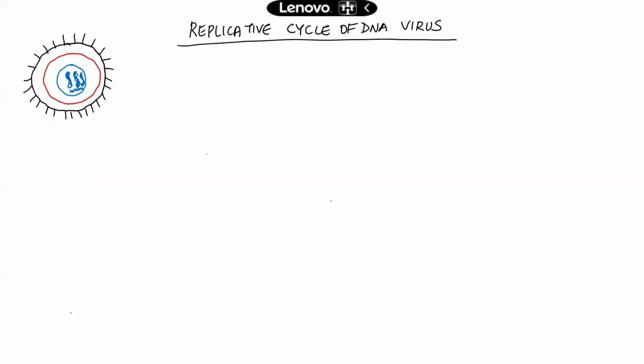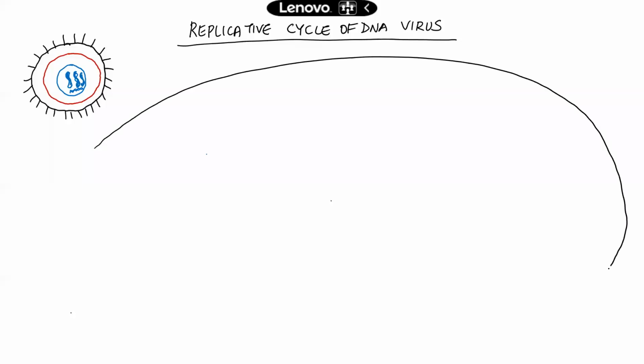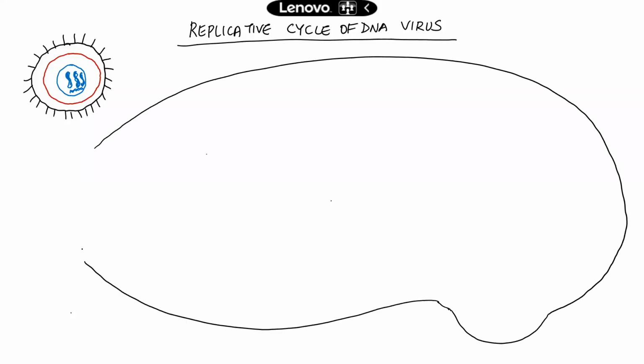Right. Now, this virus, through its specific receptor sites, it goes and binds to specific locations on the host cell. Right. So let me draw a host cell for you. Now, this is the host cell.